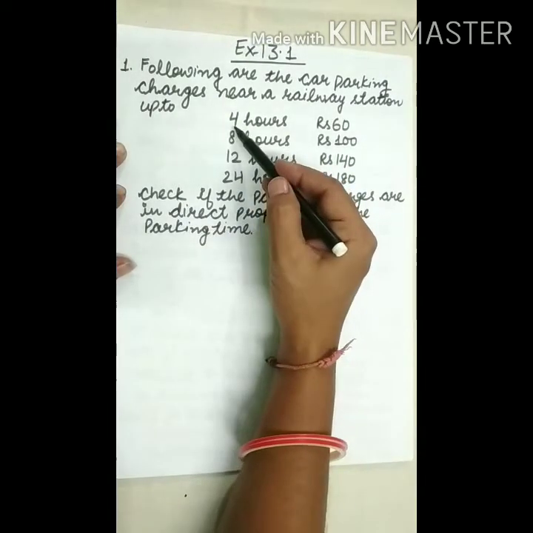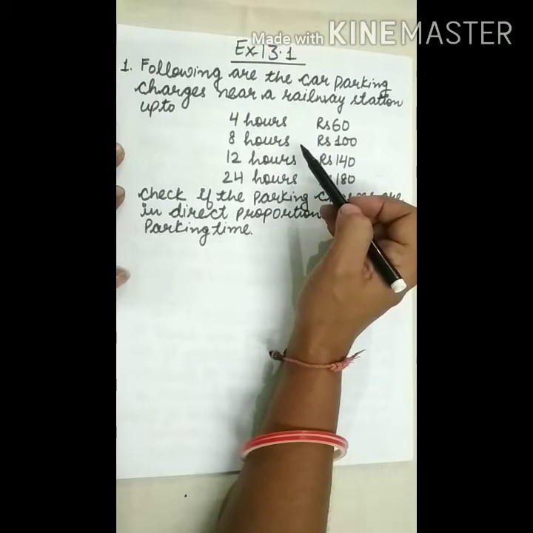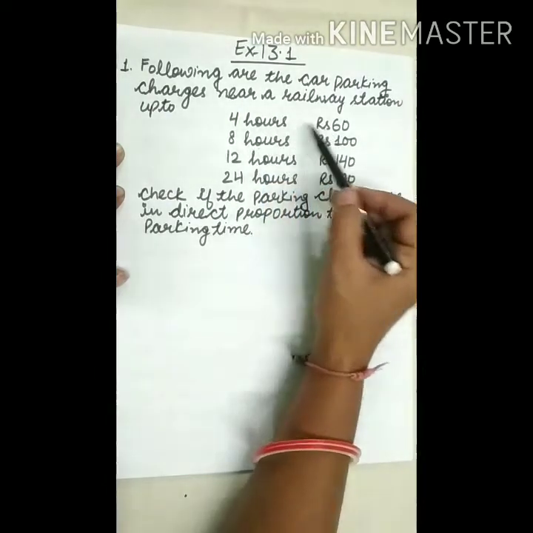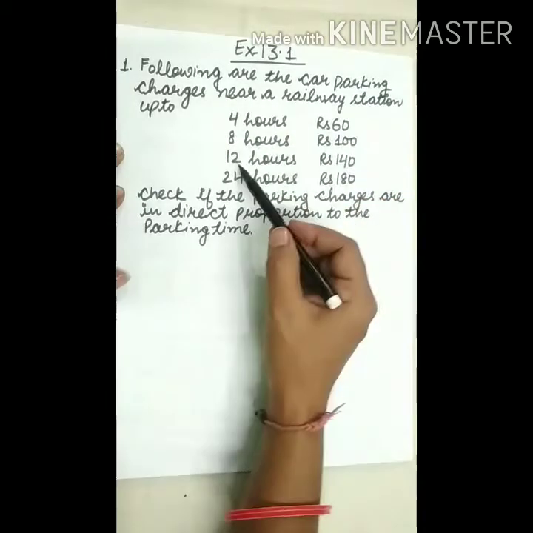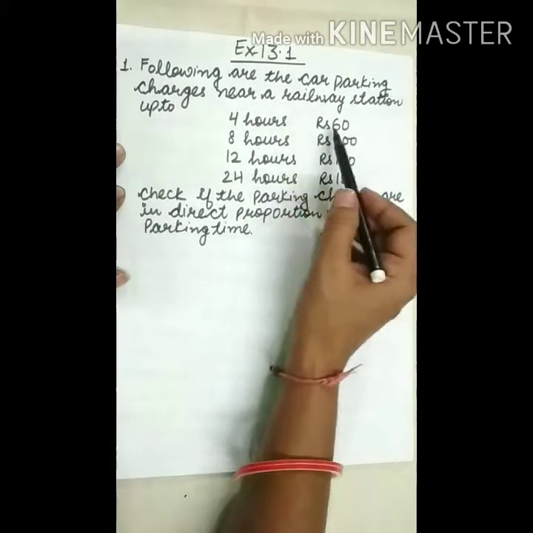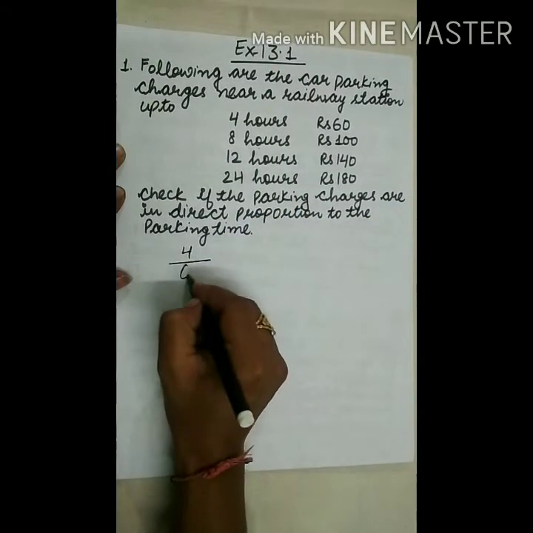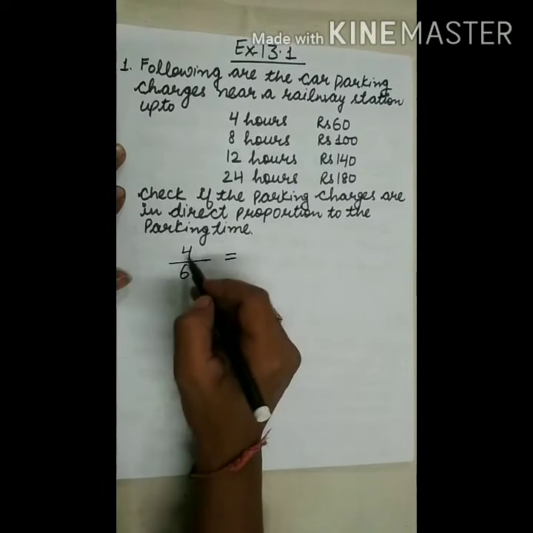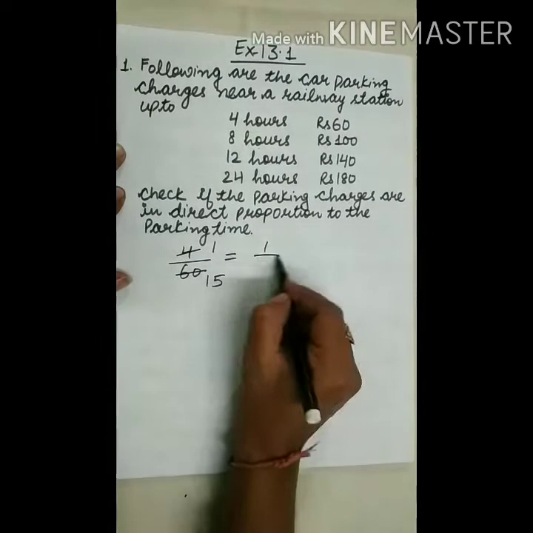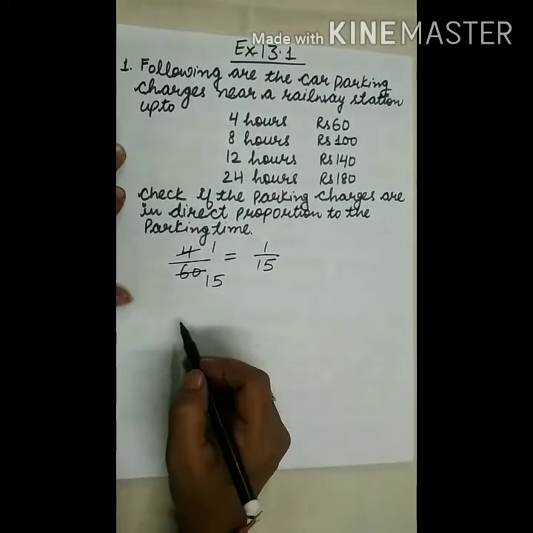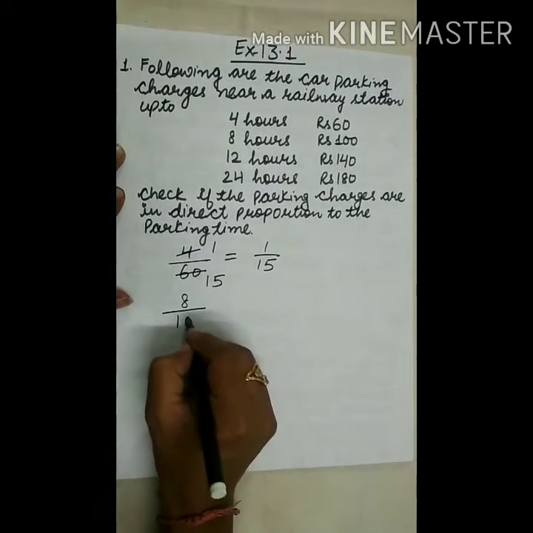Now, as we know that if the given information is in direct proportion, then the ratio of the two factors must be constant. We will simply calculate the ratios of all the terms first. So, first, I will calculate 4 upon 60. 4 upon 60 can be written as 4 ones are 4, 15 fours are 60, which is equal to 1 by 15. Now for the second one, 8 hours, 8 upon 100.